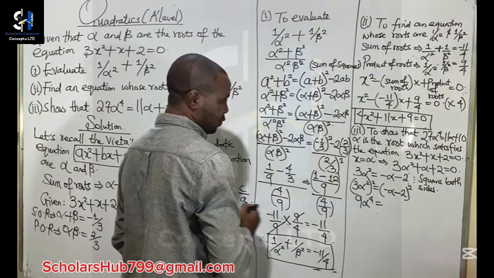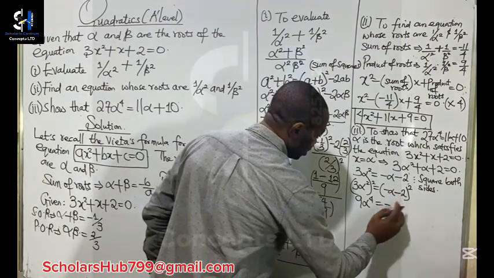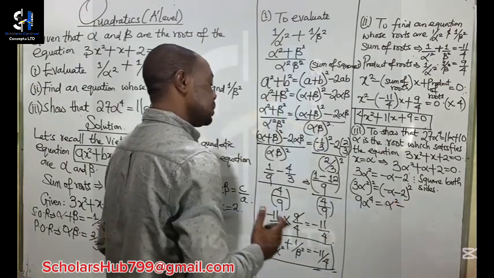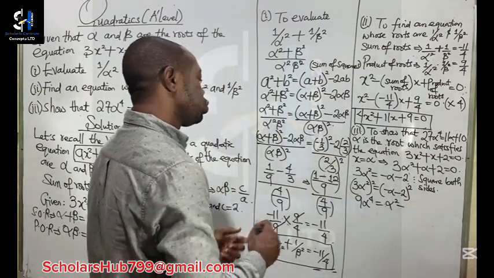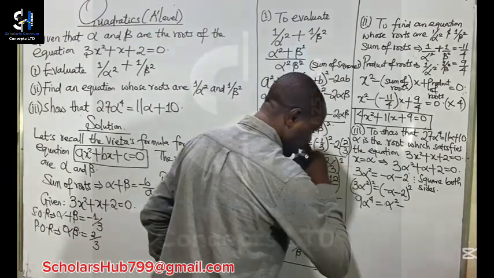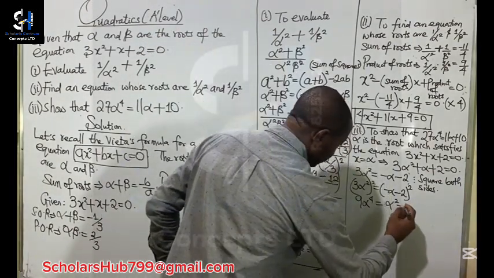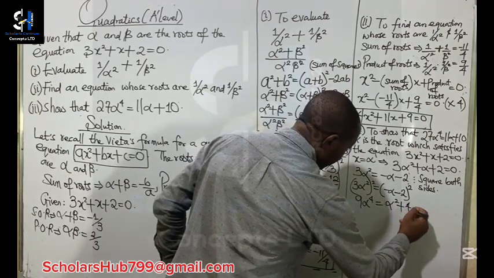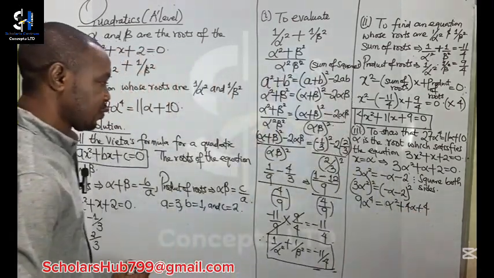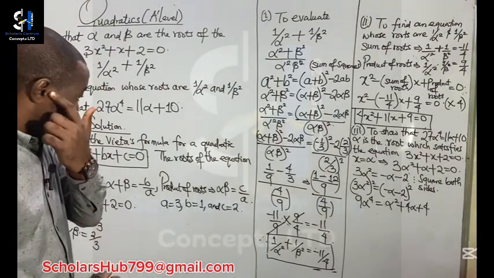If we expand this, it is going to be alpha squared, then 2 times negative alpha multiplied by 2, that's going to be positive 4 alpha, then plus 4.